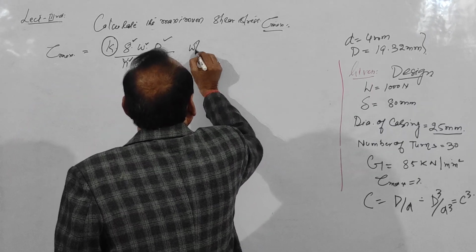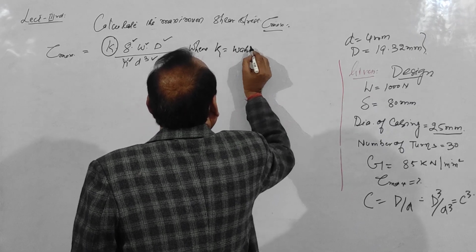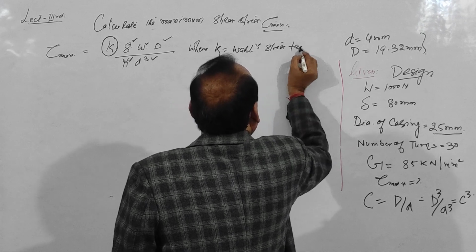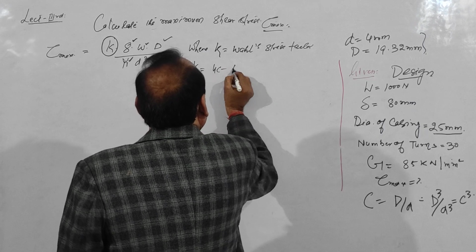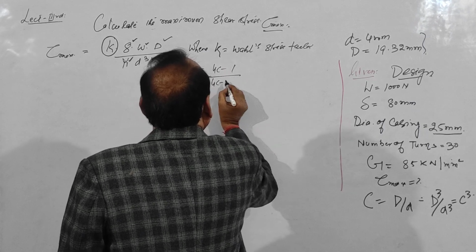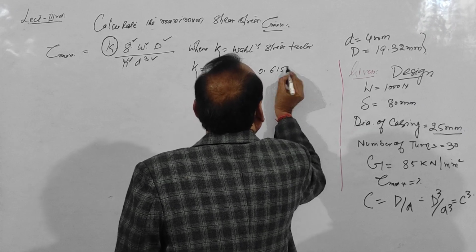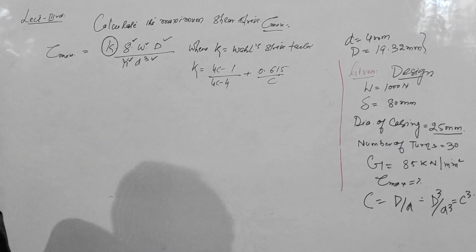Where K is Wahl stress factor. This is K is equal to (4C minus 1) divided by (4C minus 4) plus 0.615 upon C, right? Because we are considering the effect of the temperature, right?